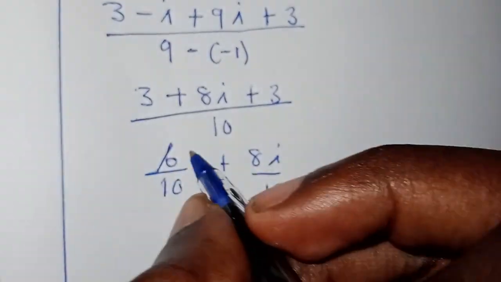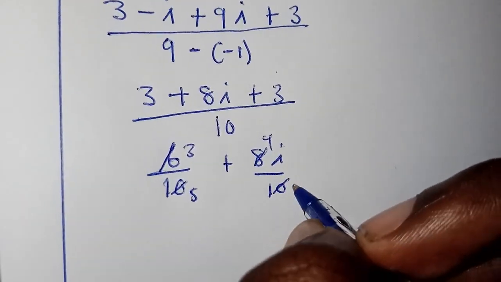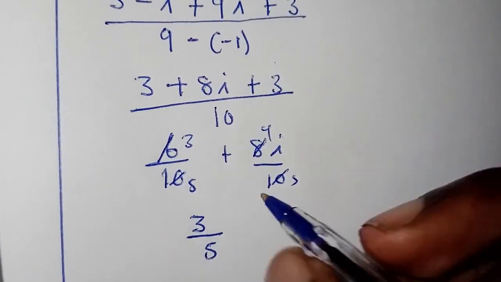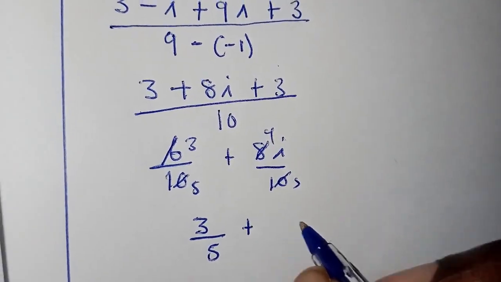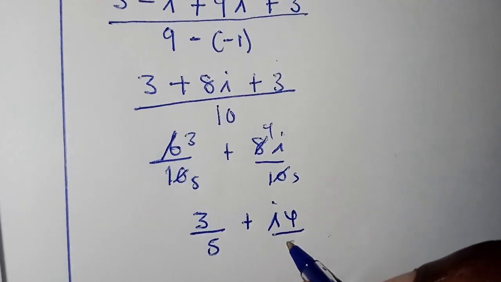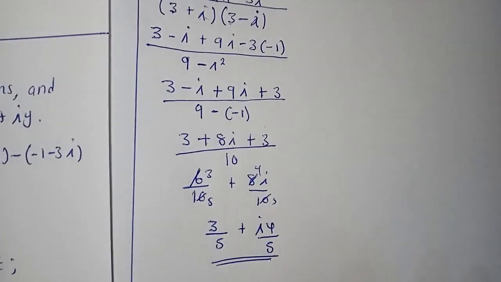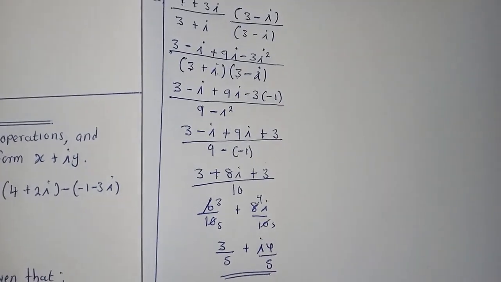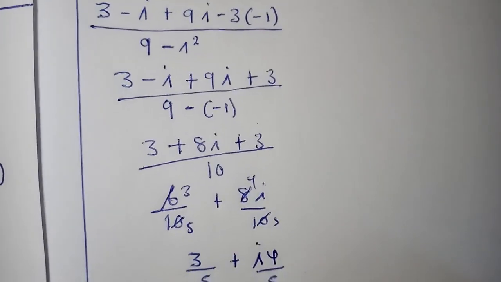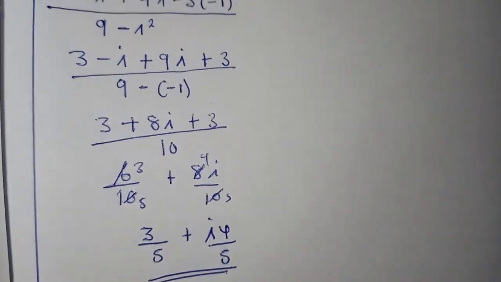Then of course, divide by 2: in here this is 3, in here this is 5, in here this is 4, this is 5. So we're going to get 3 over 5 as the real part, and this is going to be 4i over 5. And that is just how you solve this particular question. It is very simple and very interesting. We get to question 2.